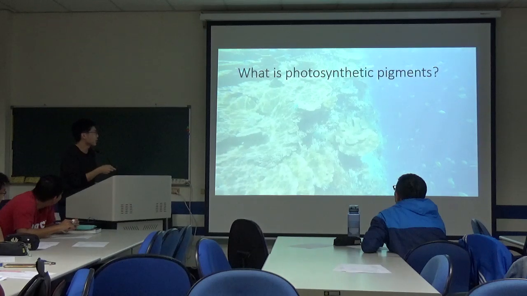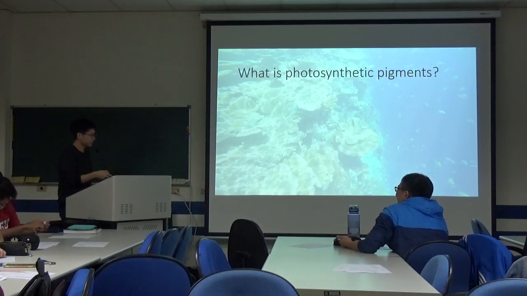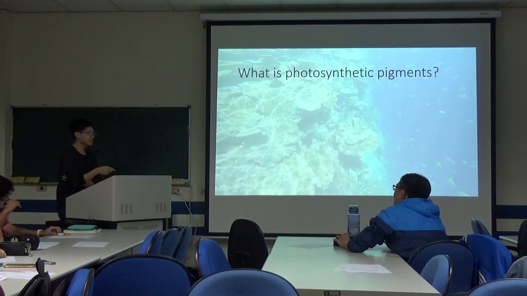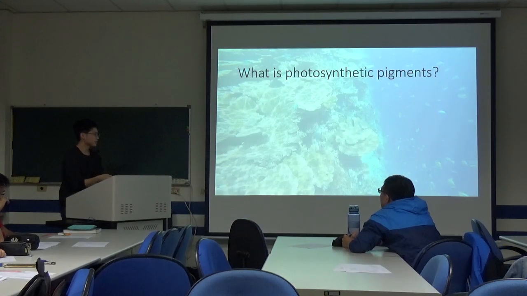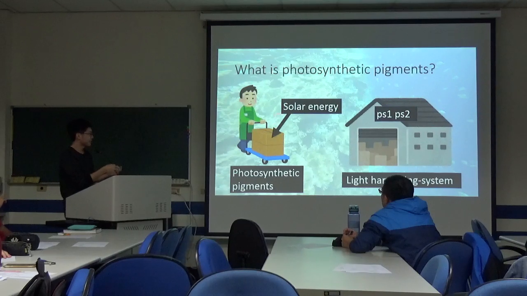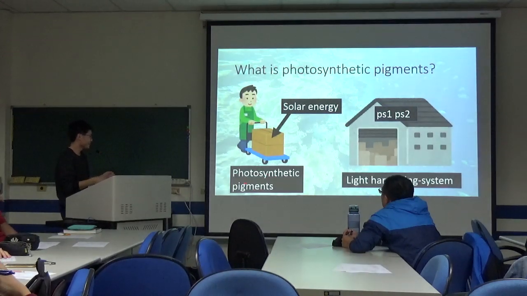And next, what is the photosynthetic pigment? It helps the light harvesting system, like photosystem 1 or photosystem 2, to collect solar energy from irradiation. You might wonder what that means. Look at the picture. The green guy is a photosynthetic pigment, and the box is the solar energy.